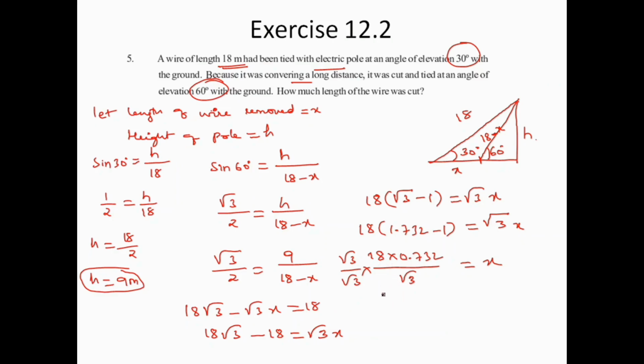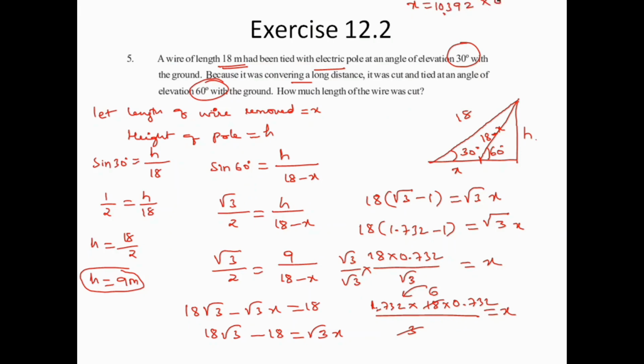Okay, let's see how we do this. Now I'm left with only 1.732 again into 18 into 0.732 by 3, which goes out like this. So this would be your answer, right? 6 times 1.732 would give approximately 10.392.